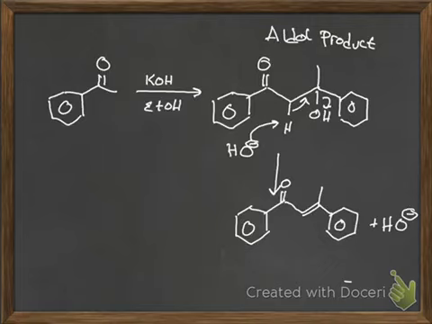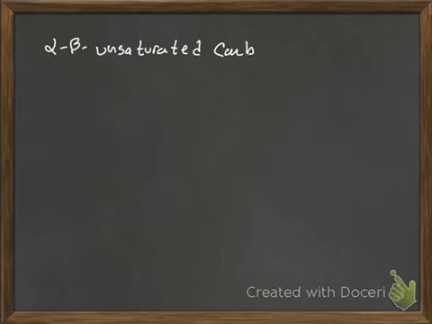I got one other thing I want to show you here. One other way of you making an alpha, beta, unsaturated carbonyl. And it's like this.